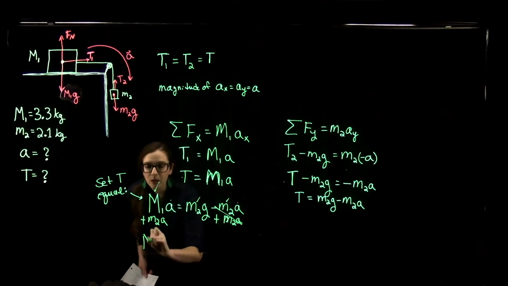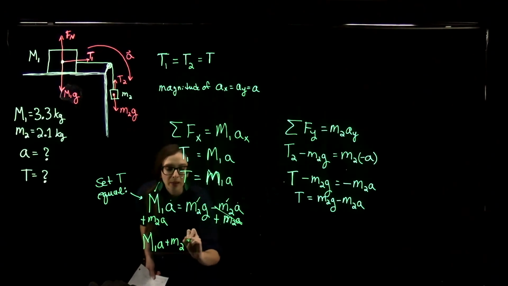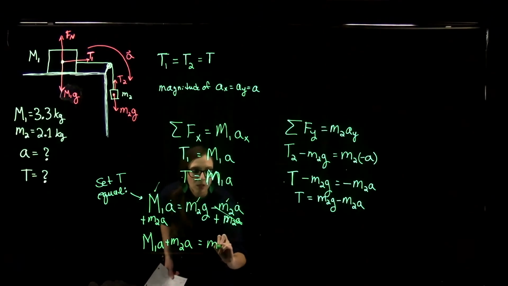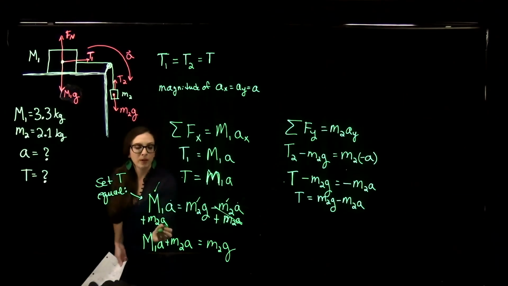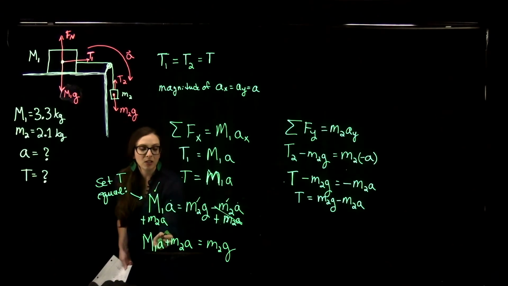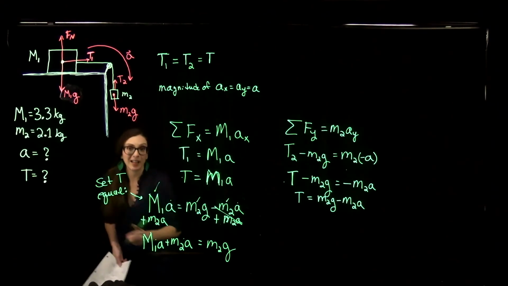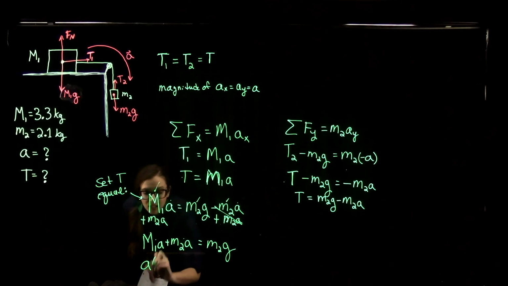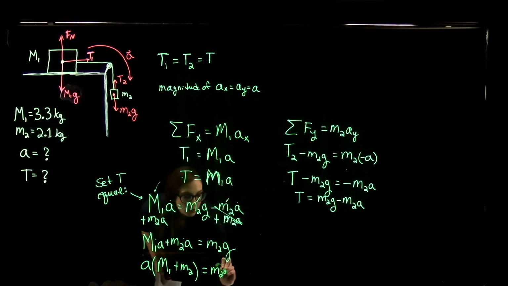So I have m1a plus m2a is equal to m2g. Okay, so what I can do, I've got both of these terms on the left-hand side multiplied by A. So I can factor out an A. A times big M plus little m is equal to m2g.